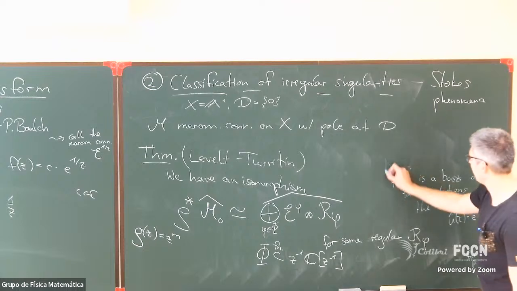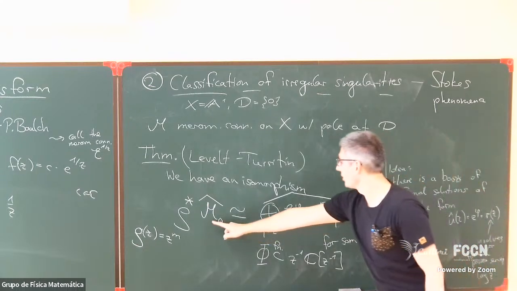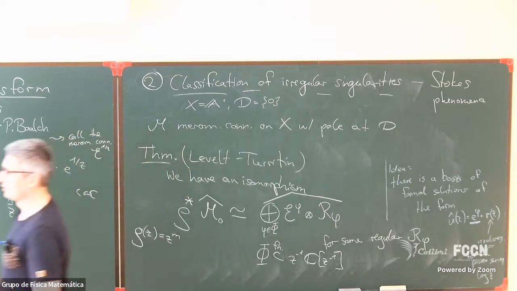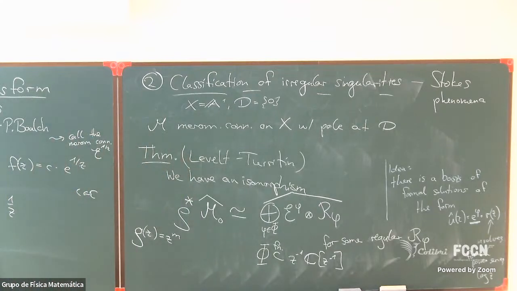So this is the idea that the module has formal solutions of this particularly natural form that involve, in particular, these exponentials. So this is the first step.